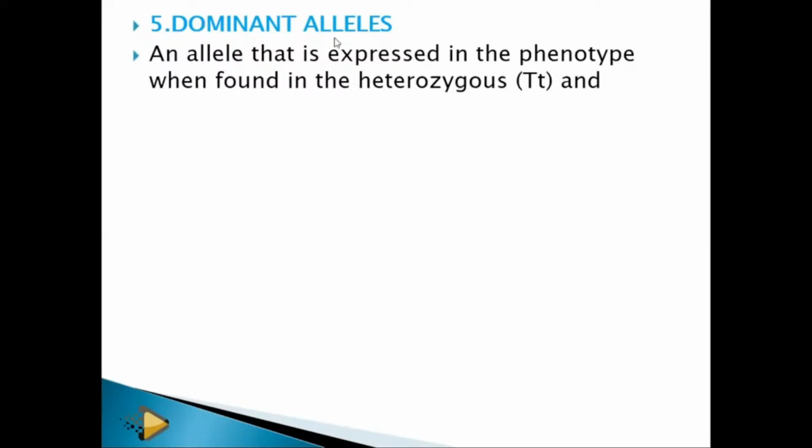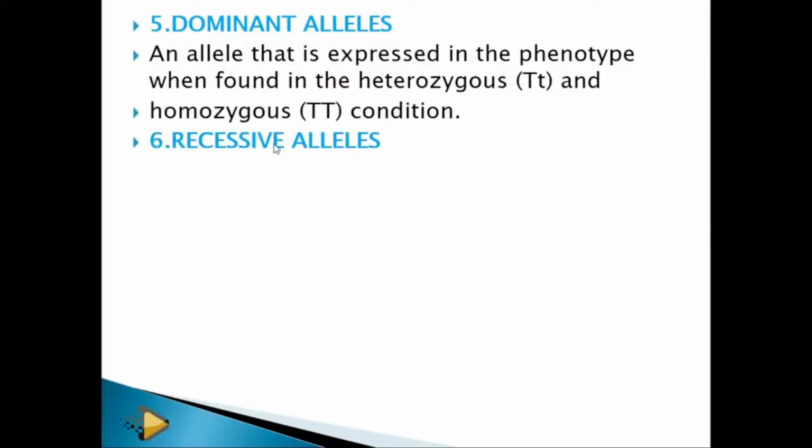Heterozygous means different phases, one is like this, one is like this. So this capital letter suppresses the small letter. That's why a dominant allele is one which suppresses another allele.